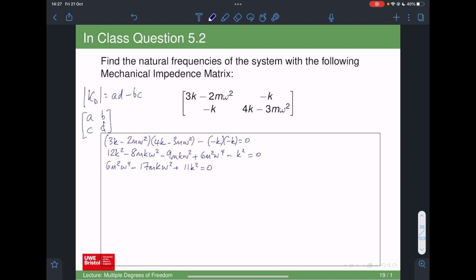So, now the quadratic formula, omega 1 and 2 squared is going to be minus b, 17 mk, plus or minus the square root of b squared, so that's going to be minus 17 mk squared, minus 4a, so 6m squared, c, which is 11k squared, divided by 2a.